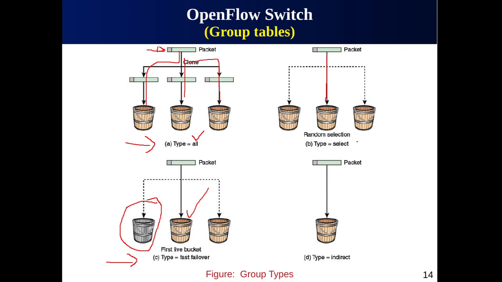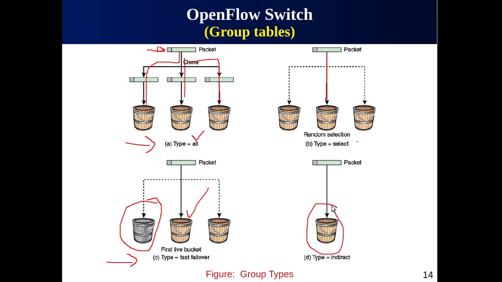Okay, but the source and destination addresses are same, but maybe they are different in some other field. Okay, so in this case, all the packets based on the common fields, they will be forwarded to a common port. Common bucket mean common port.